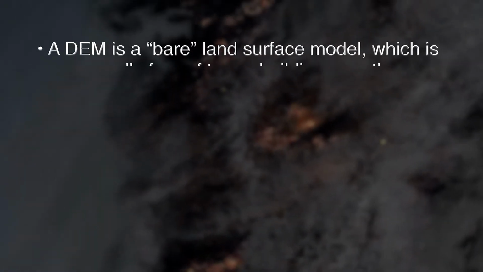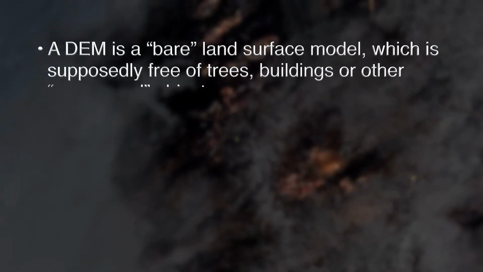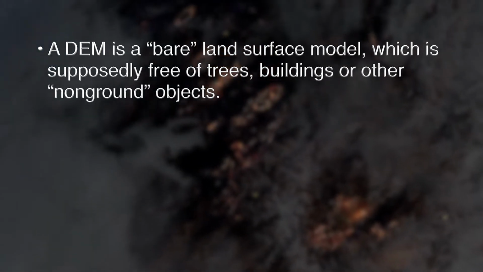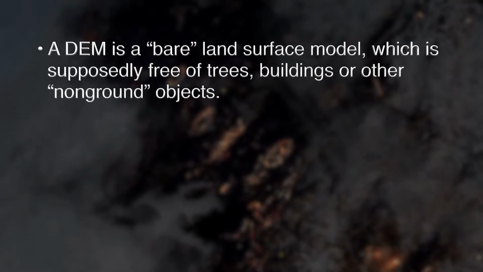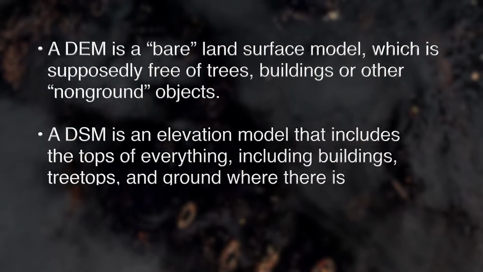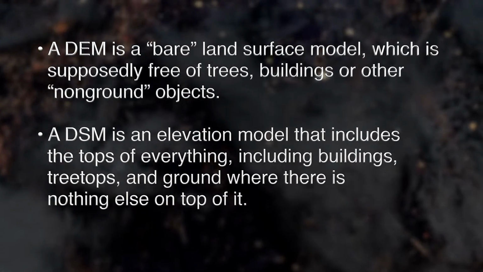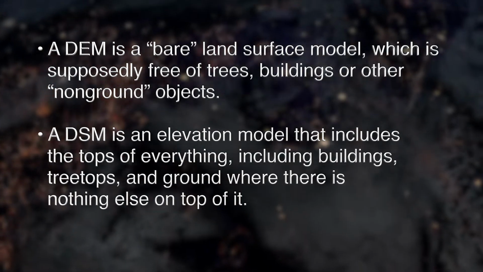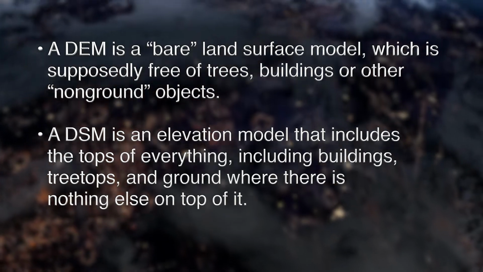The distinction among the three terms is not clear and universally agreed, but some common tenets may apply. A DEM is a bare land surface model which is supposedly free of trees, buildings or other non-ground objects. A DSM is an elevation model that includes the tops of everything, including buildings, treetops, and ground where there is nothing else on top of it.